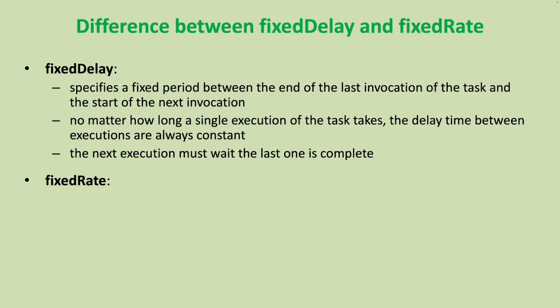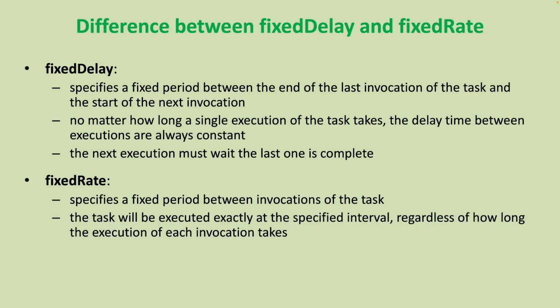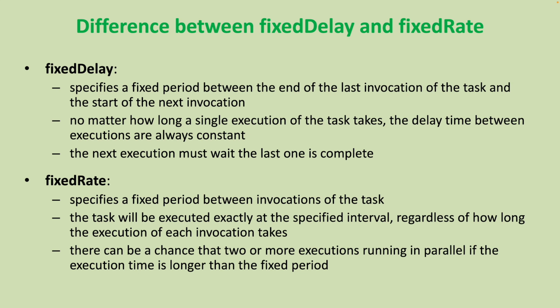And the fixedRate attribute specifies a fixed period between invocations of the task. It means that the task will be executed exactly at the specified interval, regardless of how long the execution of each invocation takes.